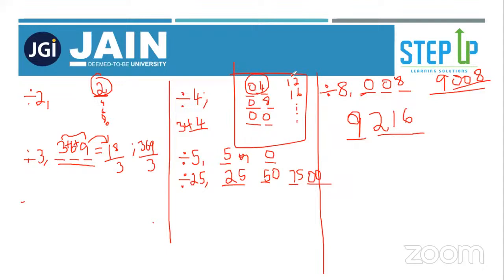Those are divisible by 5. Yes, Axman. 0, 5, 0, 5. The last digit should be these so that it's divisible by 5. But the last two digits of the 25 table are only 25, 50, 75, 00.